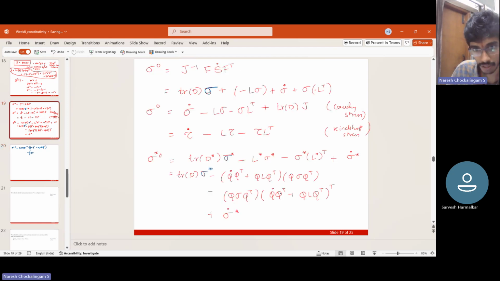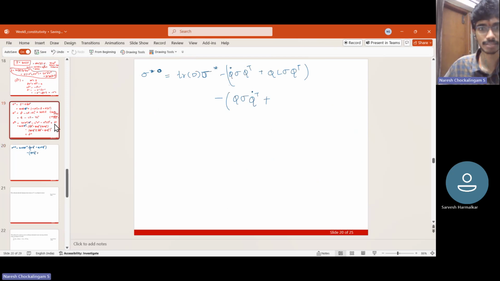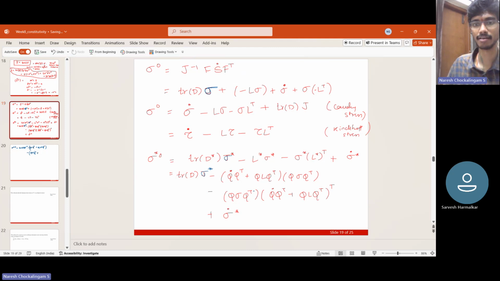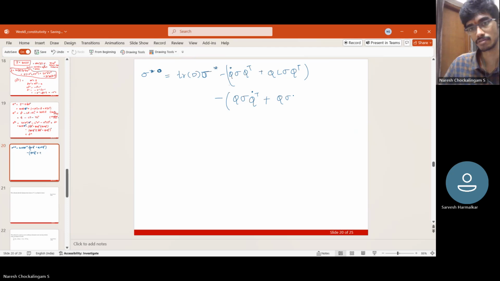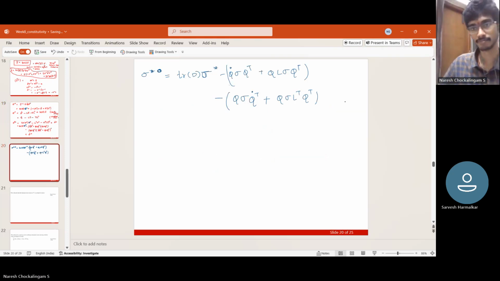You have a Q transpose Q, so it's Q dot transpose, plus from the second term you get the transpose, which is Q L transpose Q transpose. Q transpose Q gets cancelled, so you get Q sigma L transpose. And plus you have the last term, which is sigma star dot.